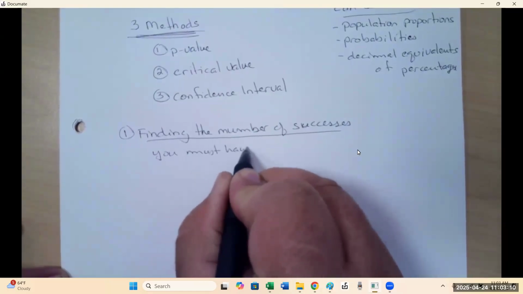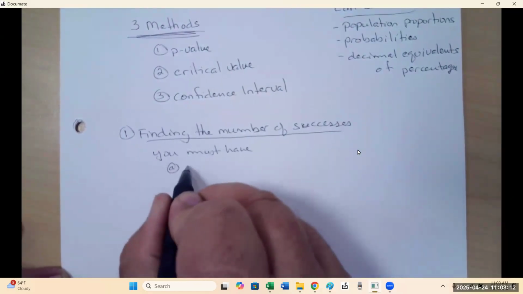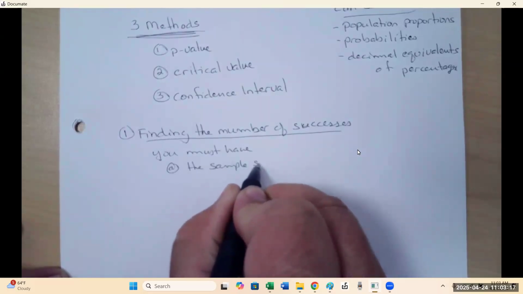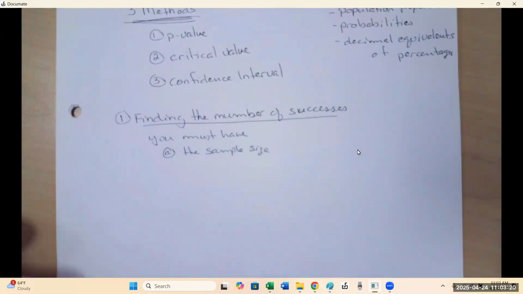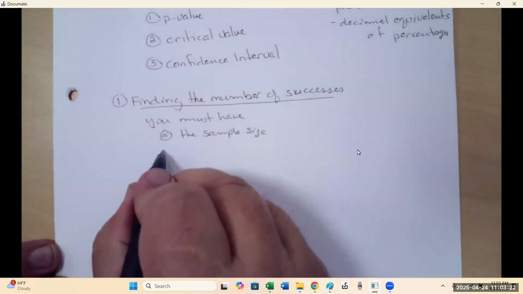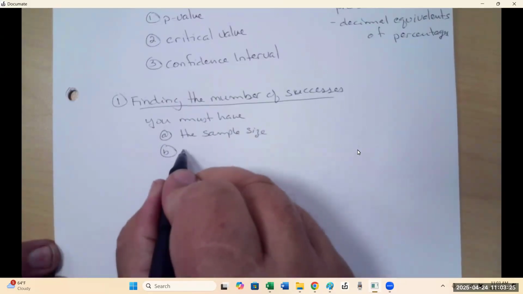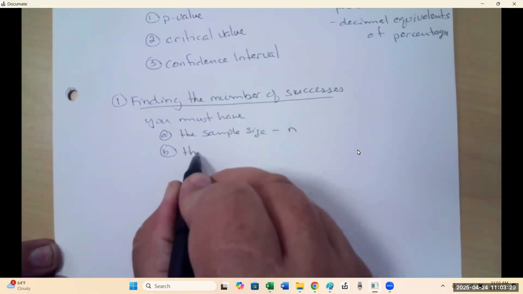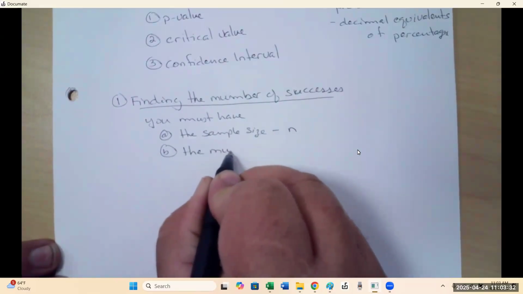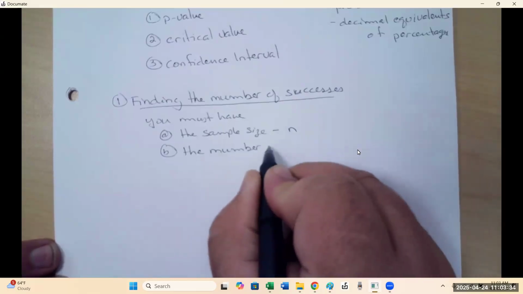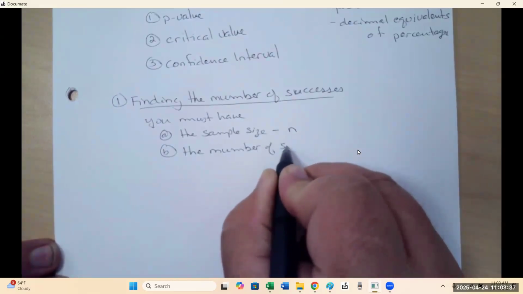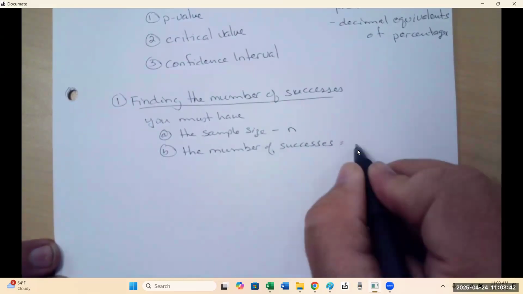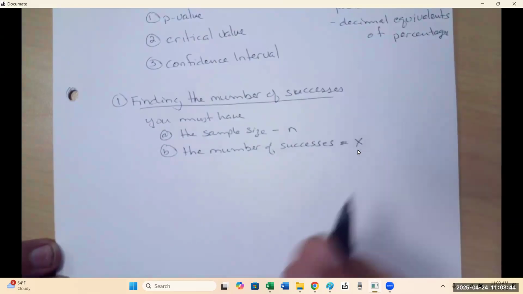You must have the sample size. That's n. The number of successes, whatever you define as success, that is what we define as X.